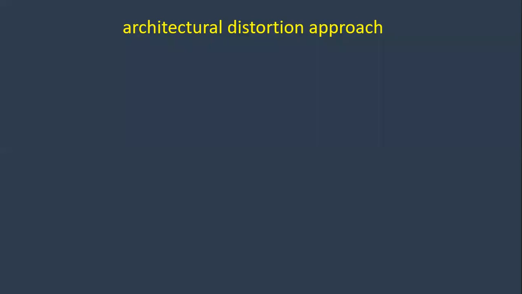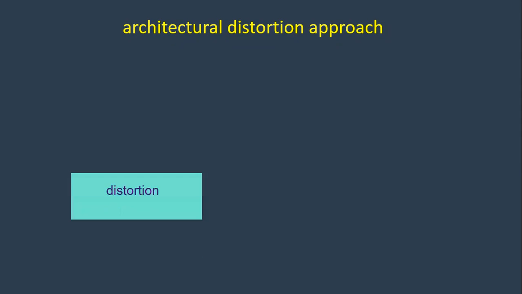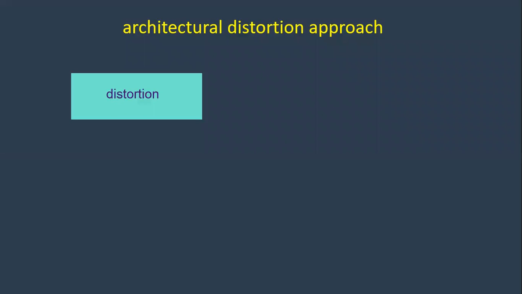So this is to establish that we have architectural distortion. If we have seen an area that might suggest architectural distortion, first of all we need to define whether it is an architectural distortion or not. Then look at the area of distortion.